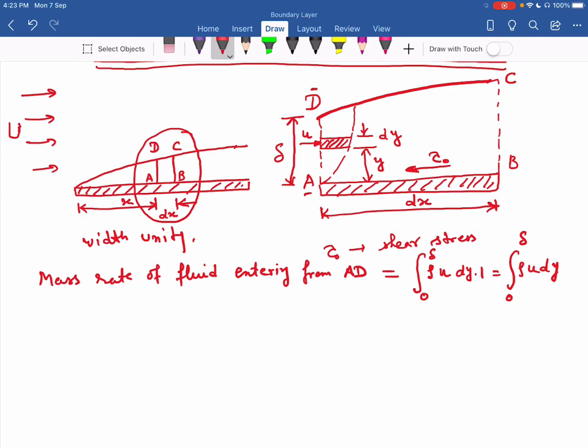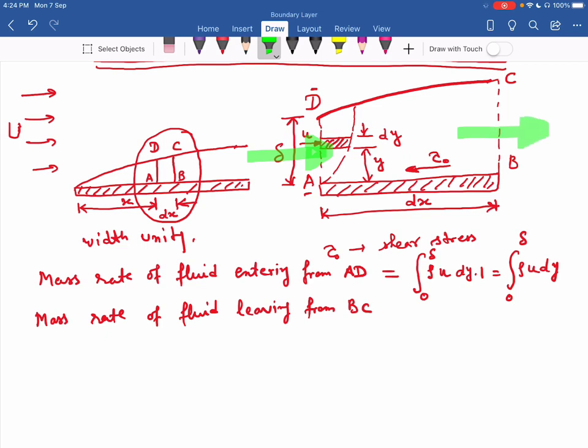Similarly, you can find the mass rate of fluid leaving from BC. The entry is from here and the fluid is leaving from this side. Now, with respect to the x-axis, there is some increment.